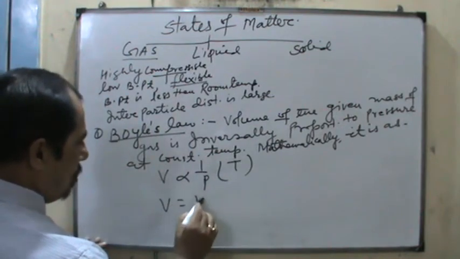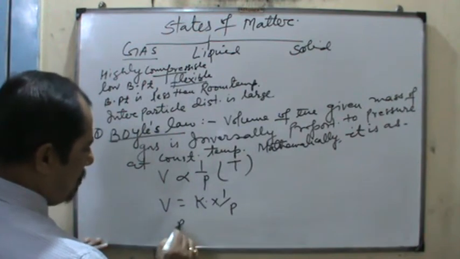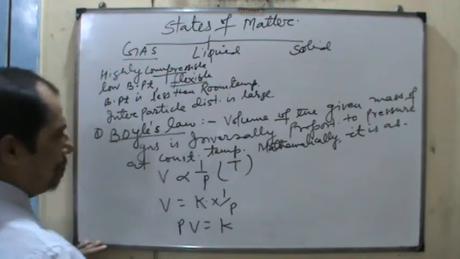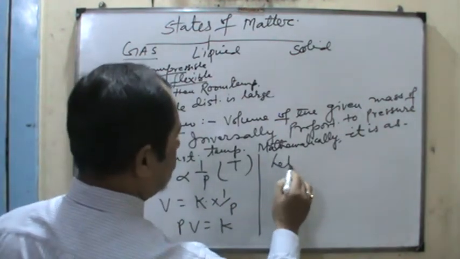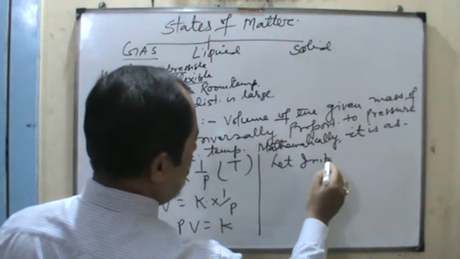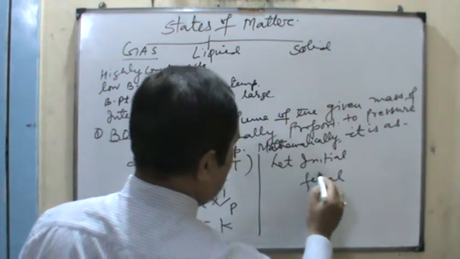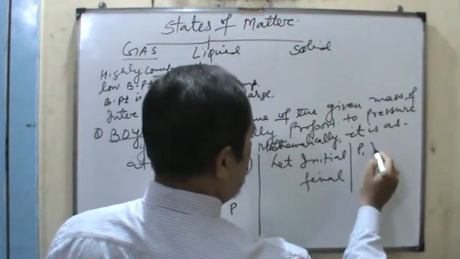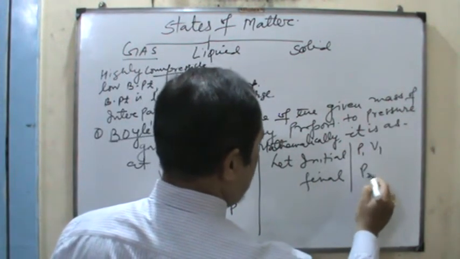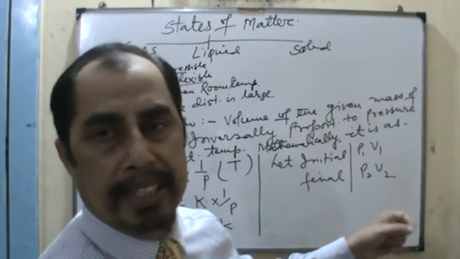So volume is equal to proportionality constant K into 1 upon P, or PV equals K. Let P1, V1 be the initial and P2, V2 the final pressure and volume respectively.